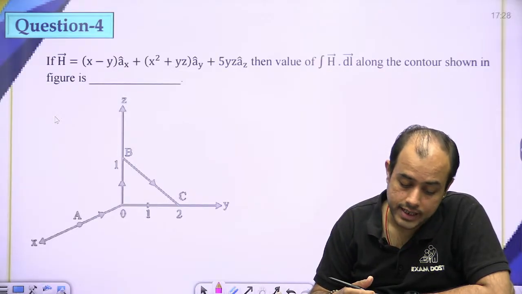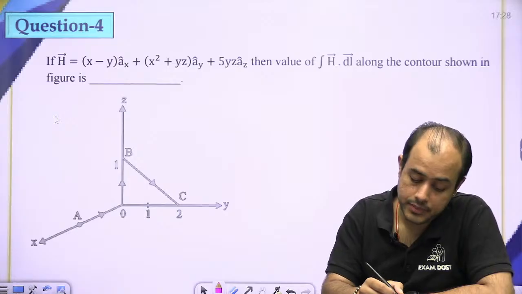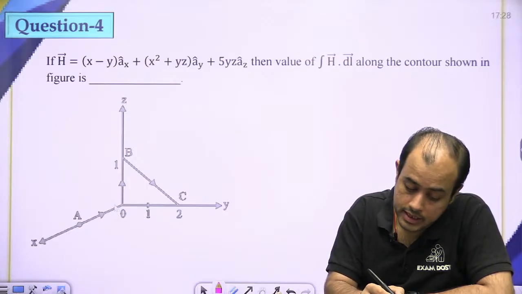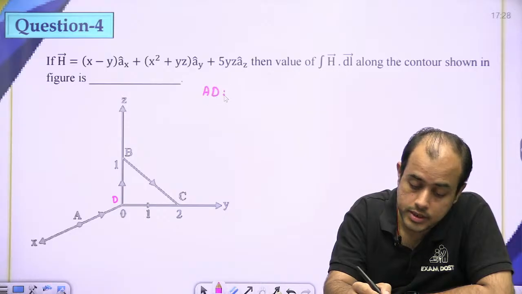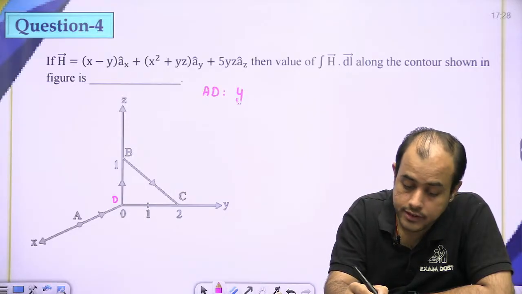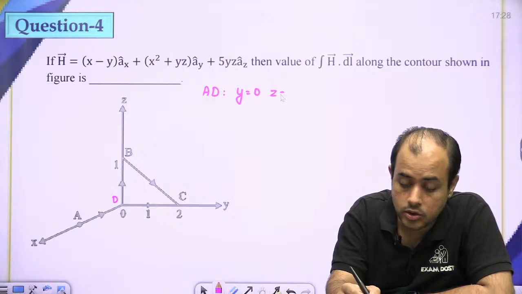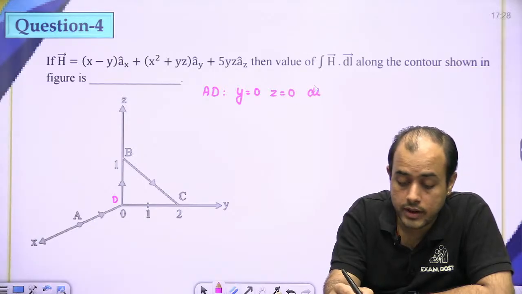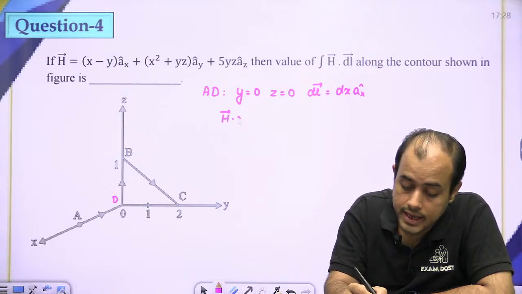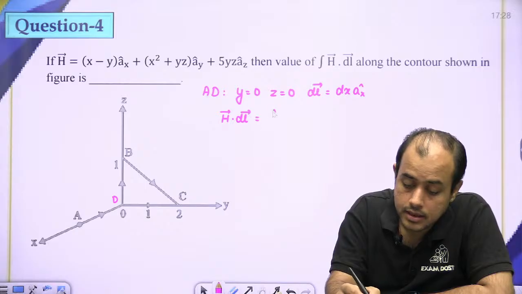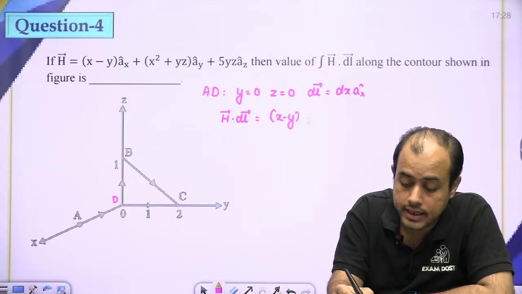H vector is given. I need to find the integral of H dot dl. So let's do one thing beta. Now from A to D, you can say y is 0, z is 0. You are moving along the x-axis, so dx ax cap. So what will be H dot dl beta? x minus y dx, but because y is 0, x dx.